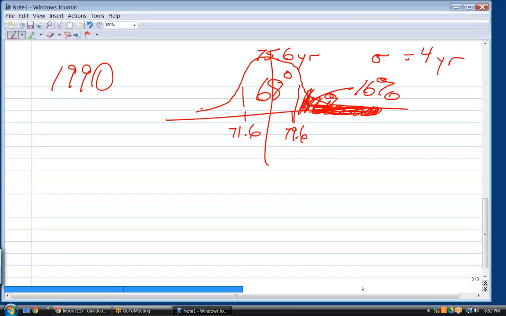Okay. The next one says, determine the probability of a boy born in 1990 living between 71.6 years and 87.6 years. 87.6 is going to be 3 standard deviations, right? Yep.